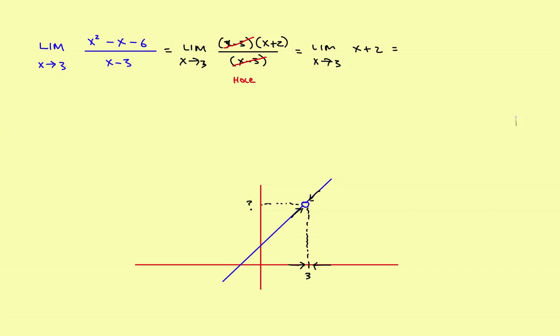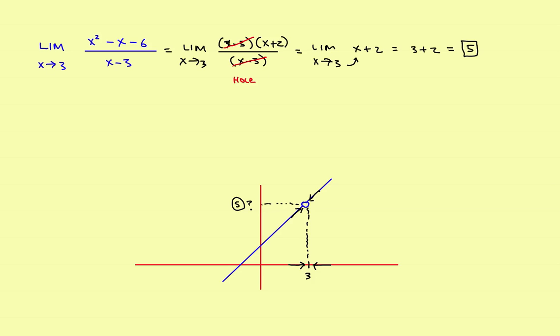So if we go back to our original problem now that you've canceled out the problem, you can go ahead and plug it in. So take this 3 and plug it in right here. So I've got 3 plus 2, the limit is 5, and that is your limit. So this would be 5 right here. So the limit of this thing is this.